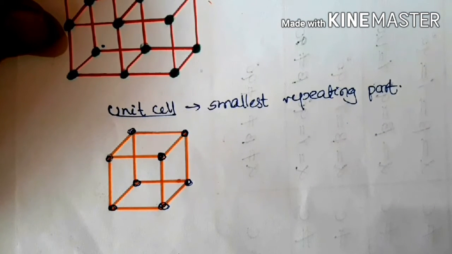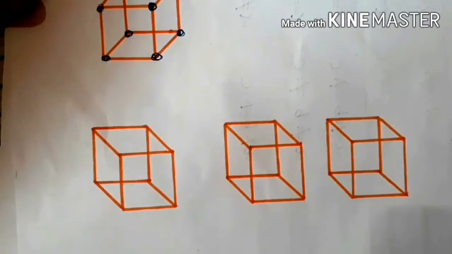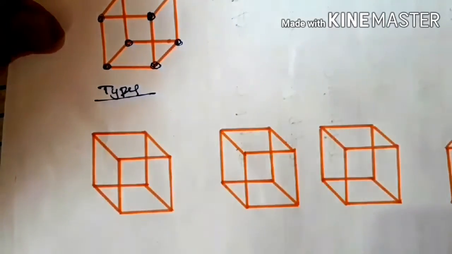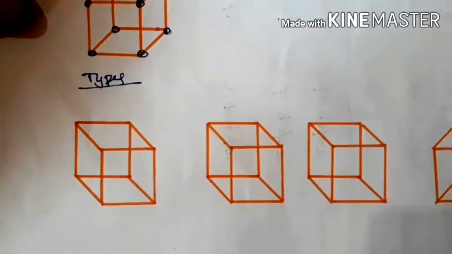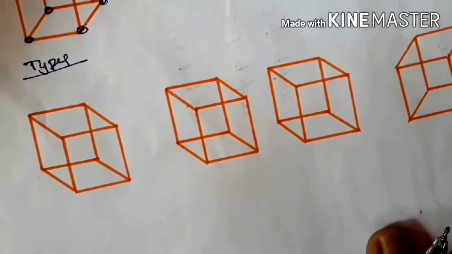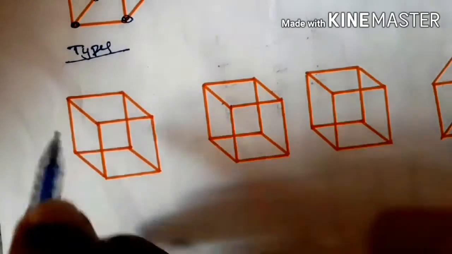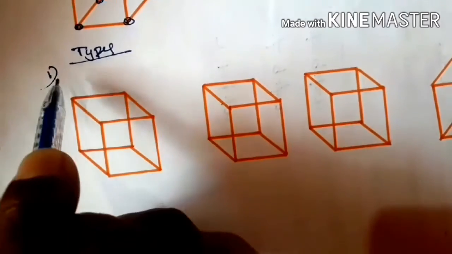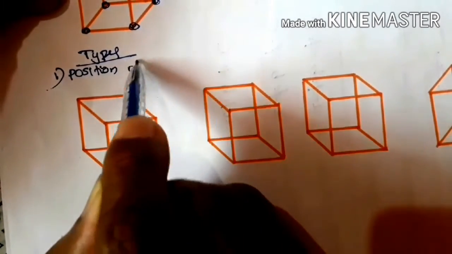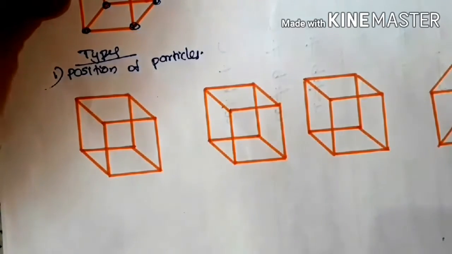Now let us see the various types of unit cells. Unit cells can be classified on the basis of two categories: based on the position of constituent atoms, and based on the edge length and angle of the unit cell. First, the classification based on the position of constituent particles in the unit cell.